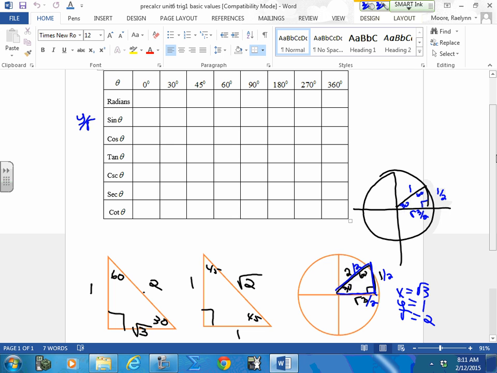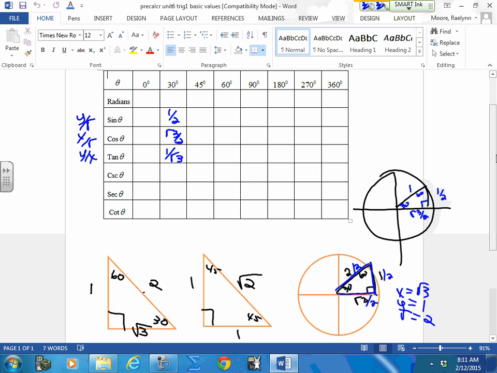So now, sine is y over r for my 30 degrees. My y over r, 1 over 2. My cosine, x over r. Just use this little piece. X, radical 3 over 2. Tangent, y over x. 1 over radical 3.